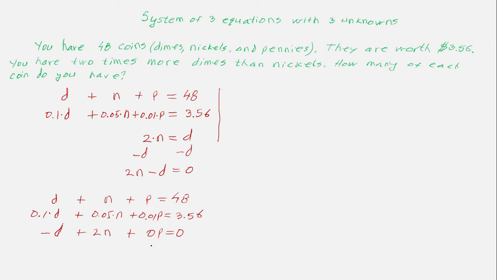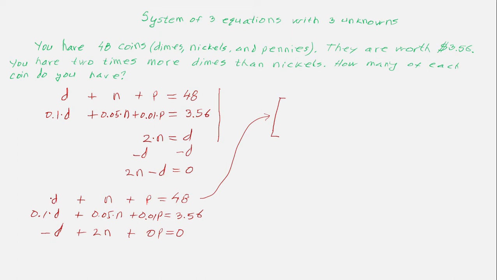Now that we have them lined up, what we need to do is make matrices. And matrices are just arrays of numbers, and they look like this. So we use a big bracket like that, and the first matrix that we are going to make is the matrix of coefficients. And coefficients are just numbers in front of each variable.